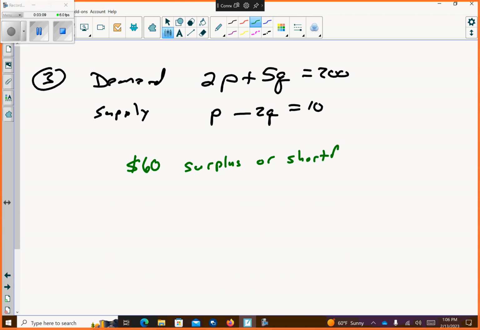Okay. All right, so before I start this problem, notice that your p-value is your y and your q value is your x based on our graphs.